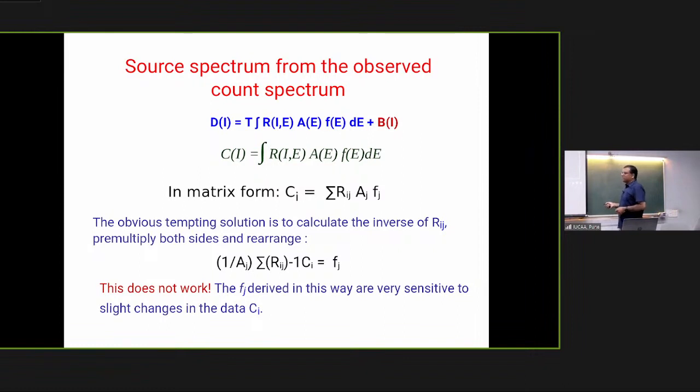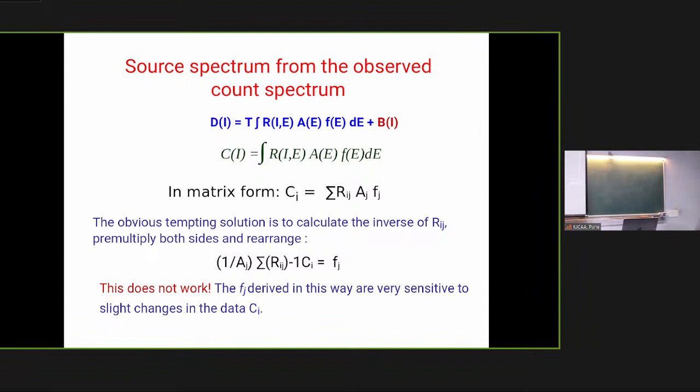Even if you are able to do it in some simpler cases, whenever we are measuring the number of photon counts, there is Poisson noise. For example, if you have something like 25 counts in a channel, then just due to Poisson noise there is a fluctuation of plus or minus 5.